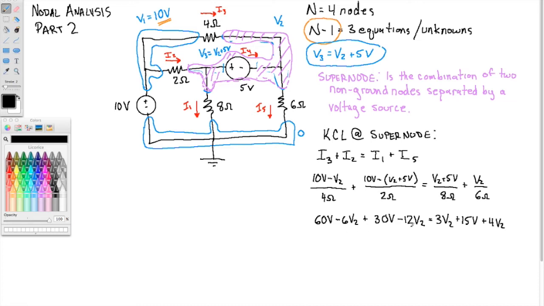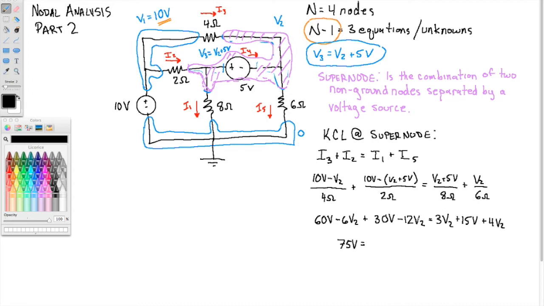So this is one equation with one unknown, so I can solve this for V2. I'll put all my constant terms on the left. I've got 60 volts plus 30, that's 90. I bring 15 to the other side, so that makes 75 volts, equals, on the right, 4V2 and 3V2, that's 7V2.